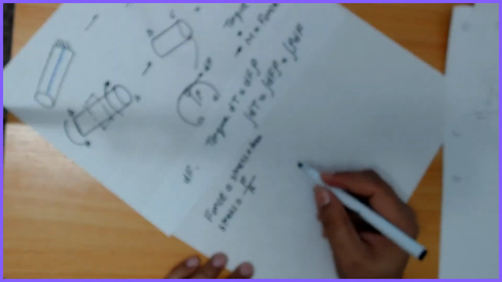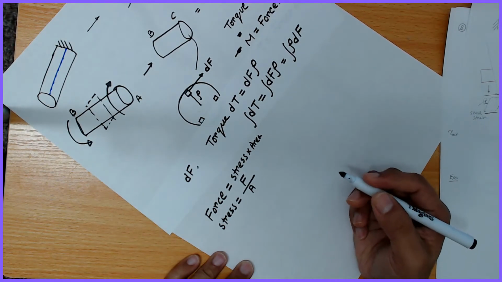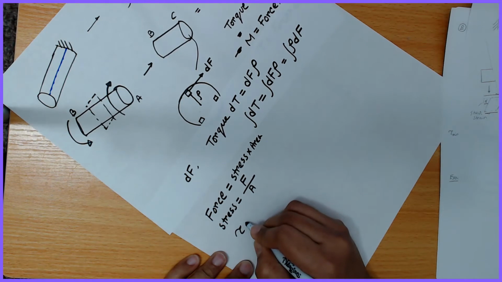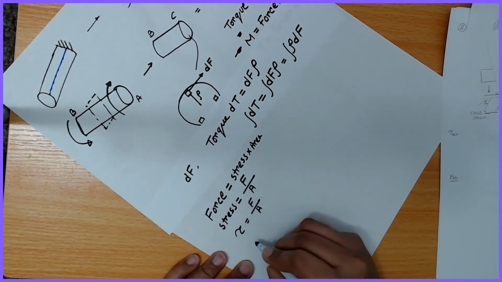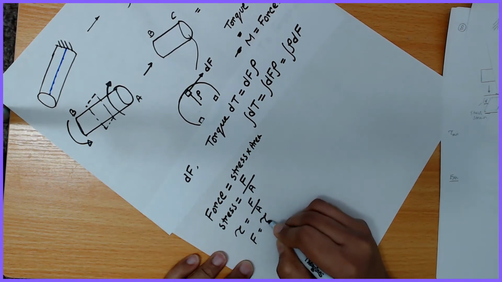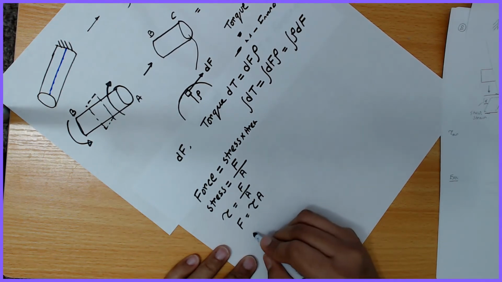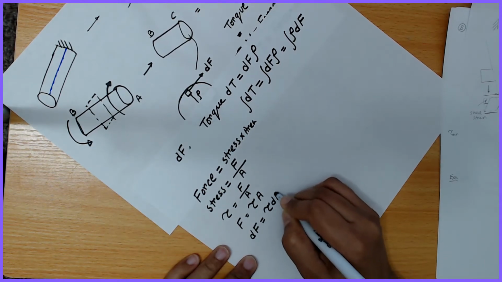So the torsion, I will show you later, with the torsion the shaft experiences shear stress, so stress equals F by area. We can say F is equal to tau multiplied by A, and if it is an elemental small quantity, we can write tau dA.